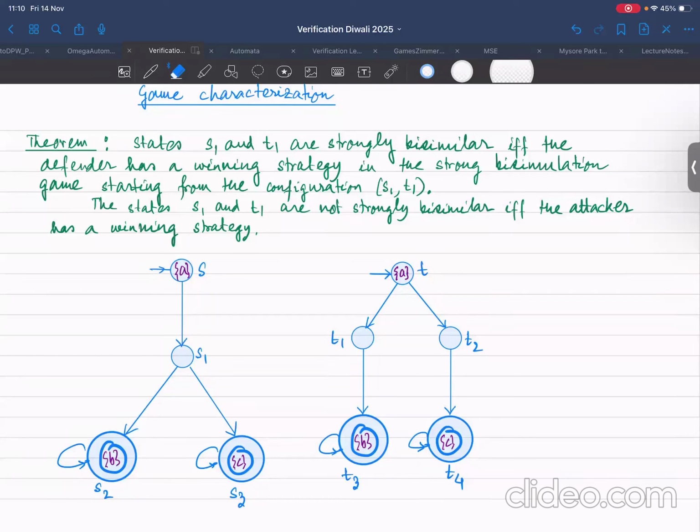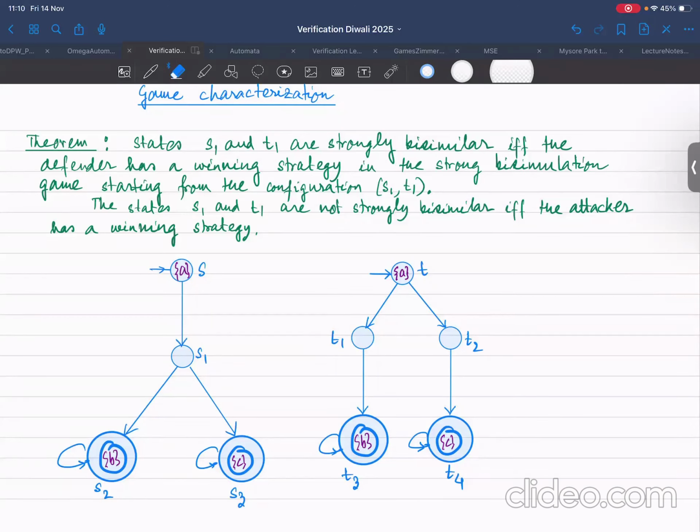It should not be the case that the challenger plays in a stupid way, right? The challenger is also an intelligent player. So irrespective of every possible way the challenger can play, the defender should have a way to win, right? Then the two things are bisimilar.